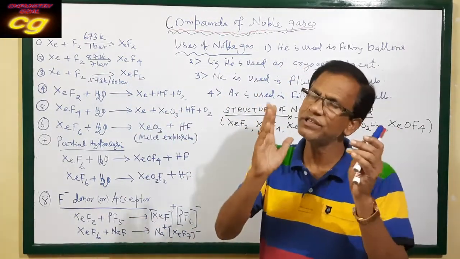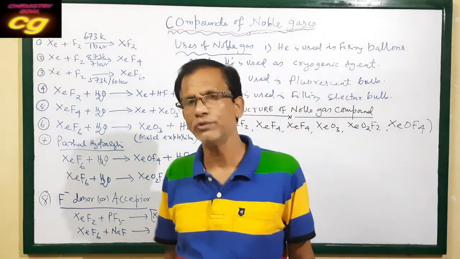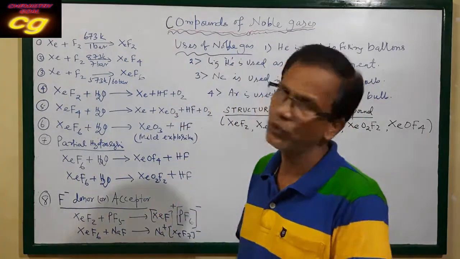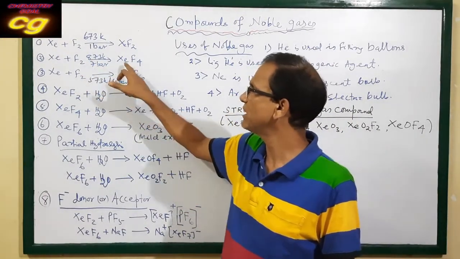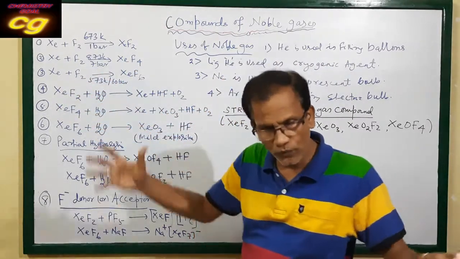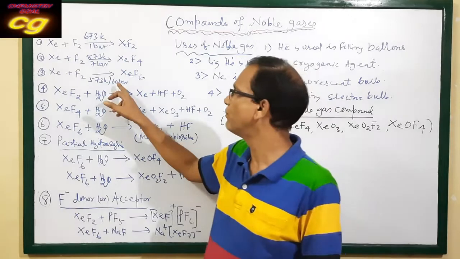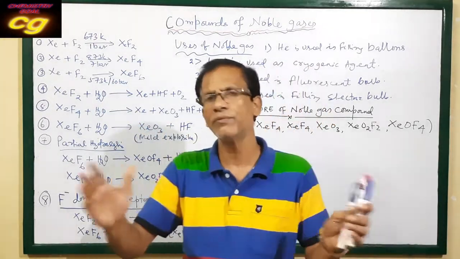But a condition is a must: high temperature and pressure are required for the formation of xenon fluorides. High temperature and more pressure produce xenon tetrafluoride. Similarly, more fluorine can combine if the pressure is 60 to 70 bar.